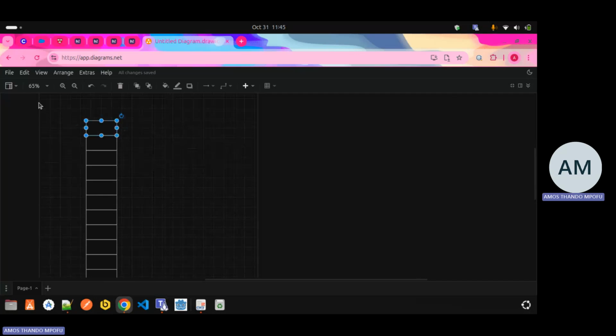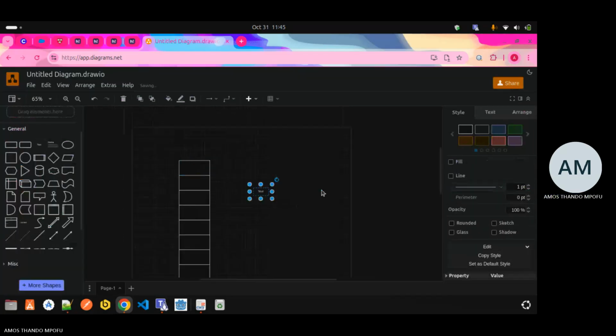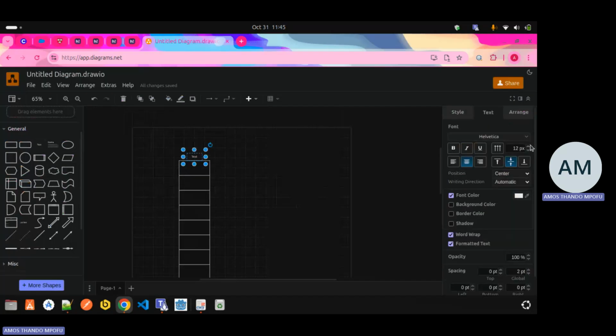Okay, I need to have a heading for these things, right? So I'm going to do this. Then I'm going to go here. Okay, so let me increase the font first. So increase the font.